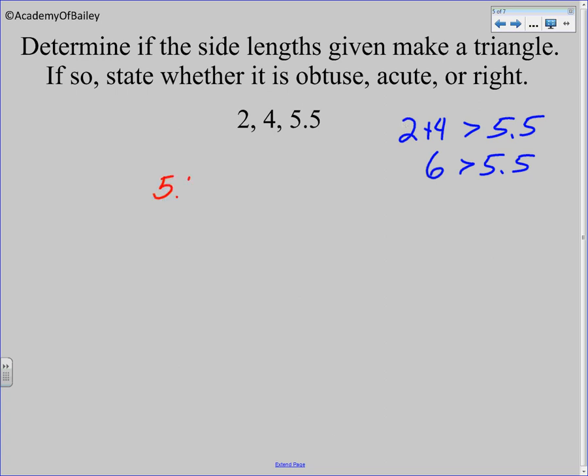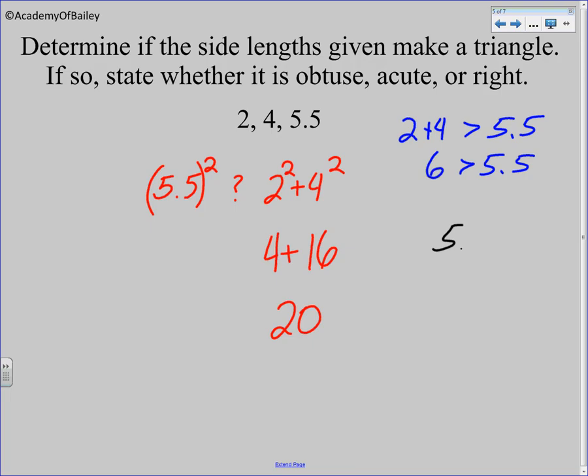C squared, and we're going to compare it to a squared plus b squared. So if we look here, 2 squared is 4, 4 squared is 16, and that makes 20. Now what about 5.5 squared?